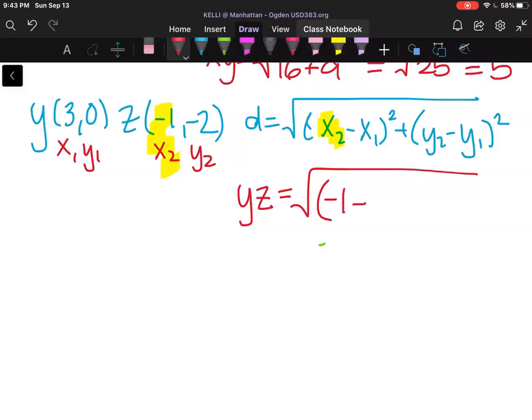So -1 minus X1. Well, X1 here we labeled as 3. So minus 3 squared plus Y2. Well, Y2 we labeled as -2. And so we have -2 minus y1.